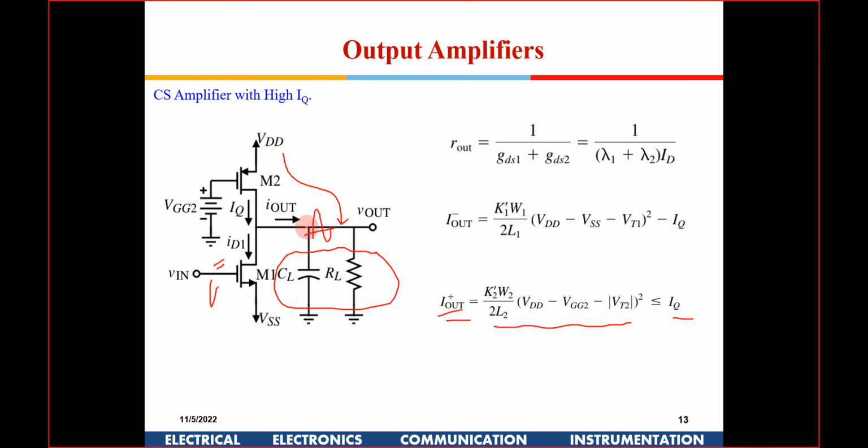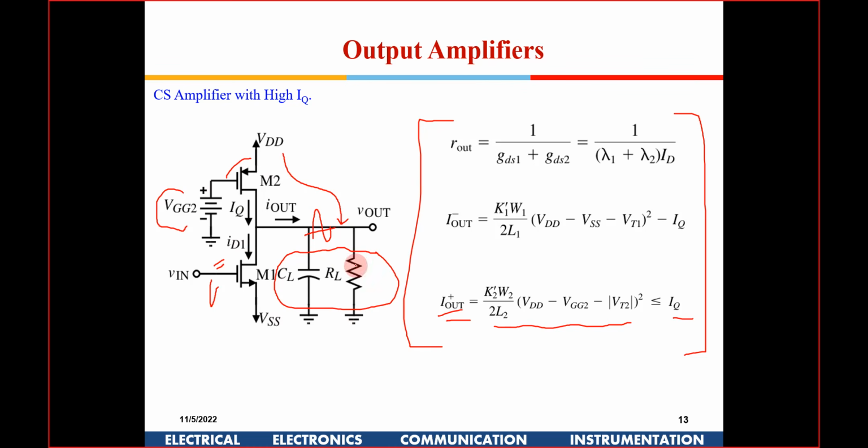I out is equal to VDD minus VCG. This is the voltage which is given here. When this signal is low, the maximum voltage will be available here when this is almost at the edge of cutoff. So this is cutoff, the entire current can go here. So this is the equation. By using these three equations, we can design this particular amplifier.